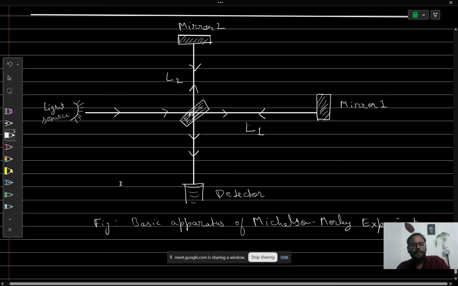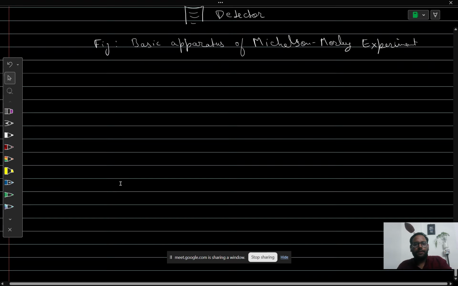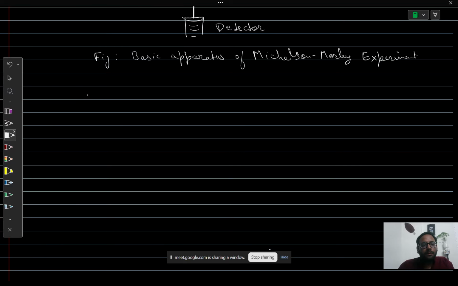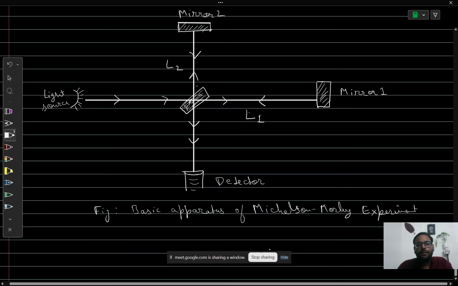Okay, let's do the calculation first. You can name this the beam splitter.